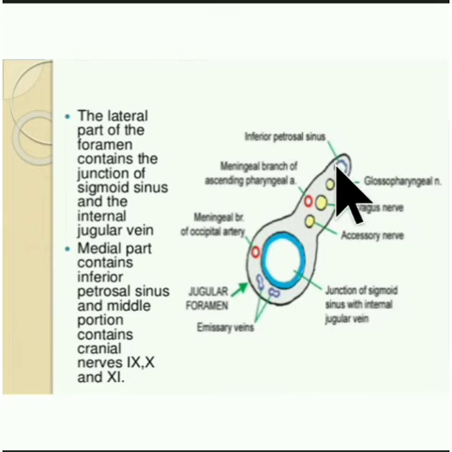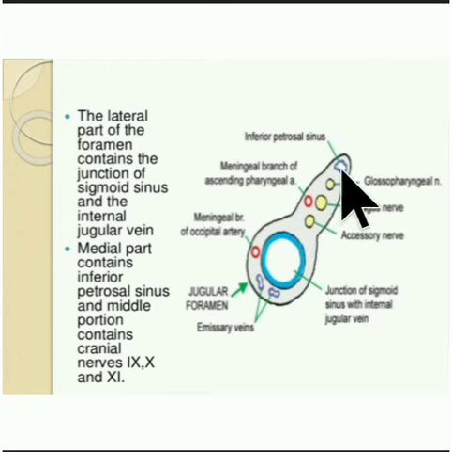The medial part of the jugular foramen contains the inferior petrosal sinus, and the middle part consists of cranial nerves 9, 10 and 11. So the glossopharyngeal, vagus and accessory nerves are here in the middle part.